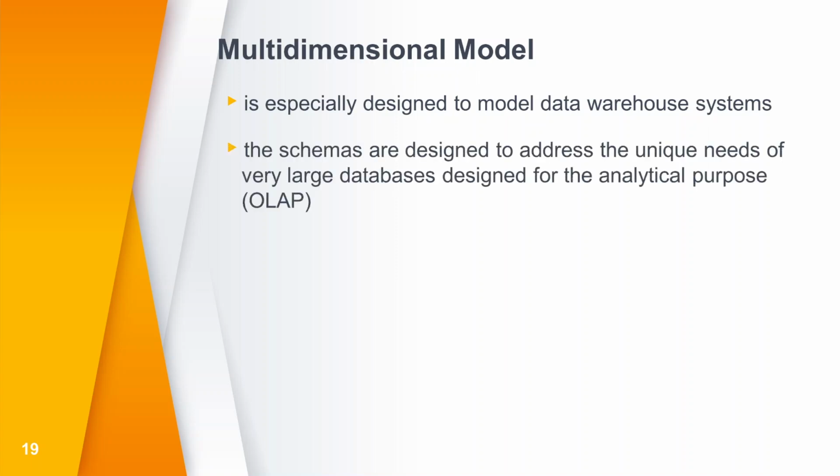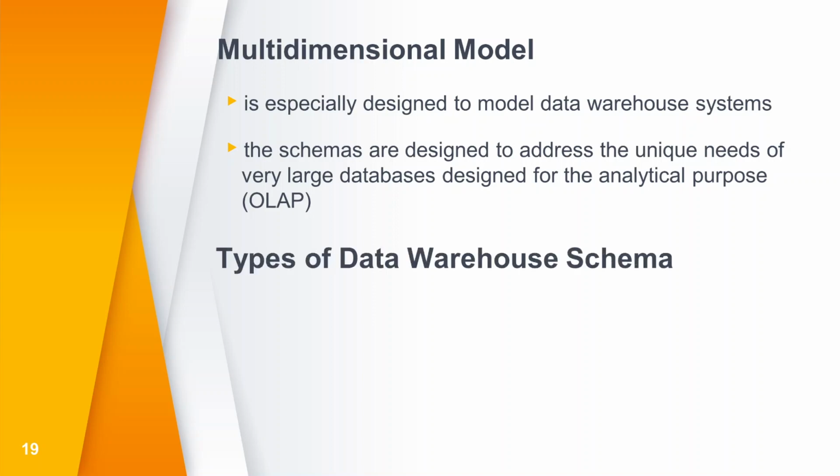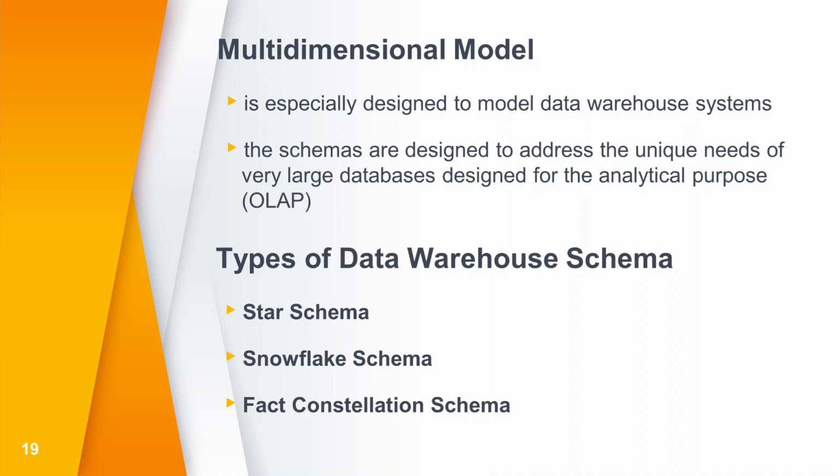The schema are designed to address the unique needs of a very large database designed for analytical purposes, or OLAP. So the dimensional data model may actually consist of three major schema or types. We have star schema, snowflake schema, and also fact constellation schema.